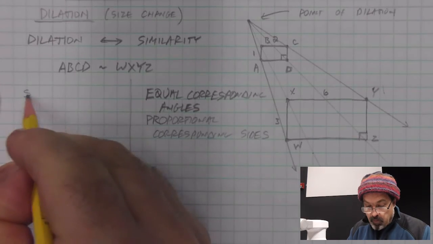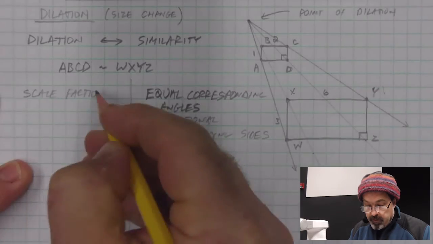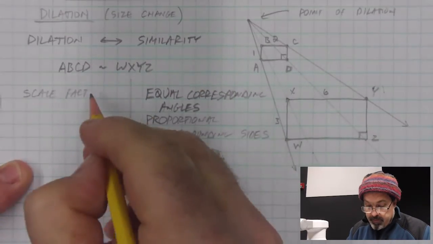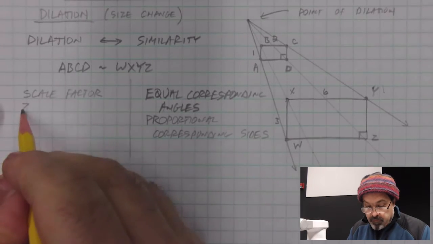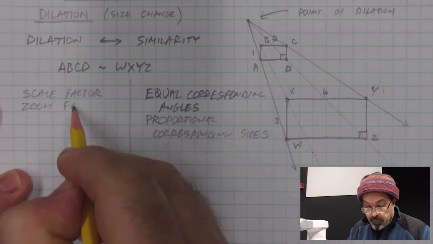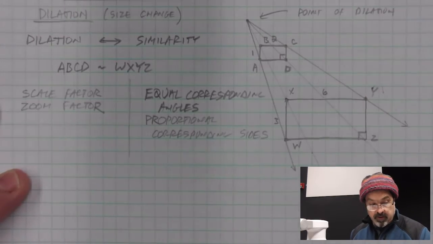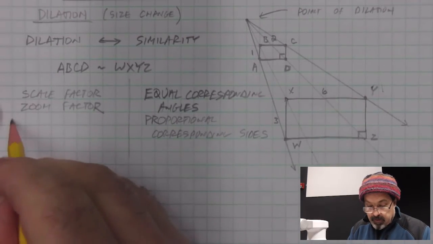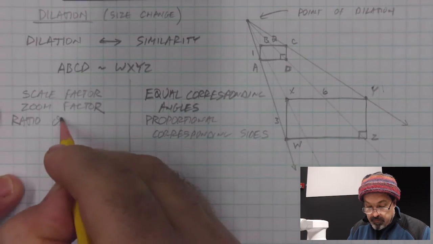Dilation always has a scale factor, the number that you multiply side lengths by to get new side lengths. We could also call that the zoom factor, just another term for the number that you multiply one side by to get the next side length.